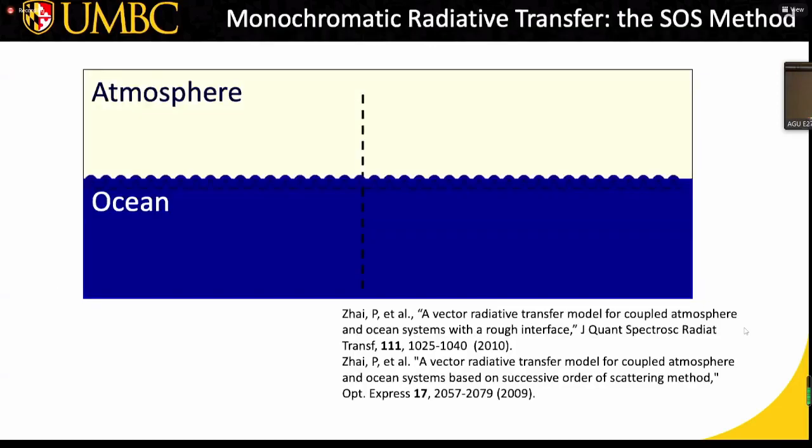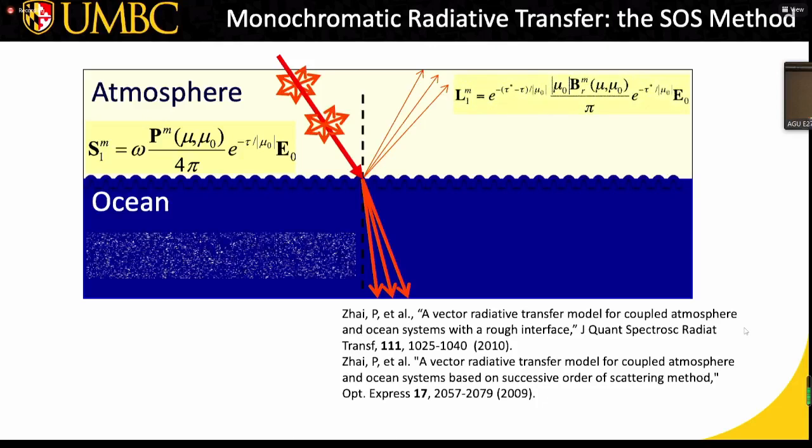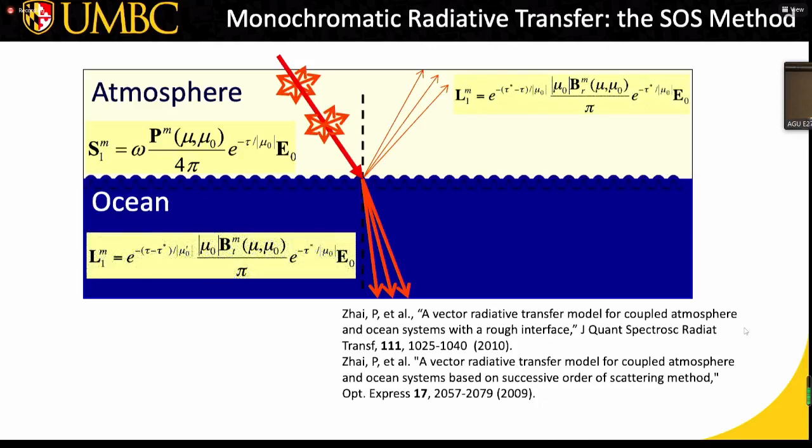Here I cover the physics of a monochromatic radiative transfer model based on the successive order of scattering. You have the atmosphere, light comes in. We know the single scattering very well, and at the interface, it's reflected and transmitted. We know the ocean roughness based on wind speed, so that we can get the reflection and the transmission based on the reflection and transmission matrix.